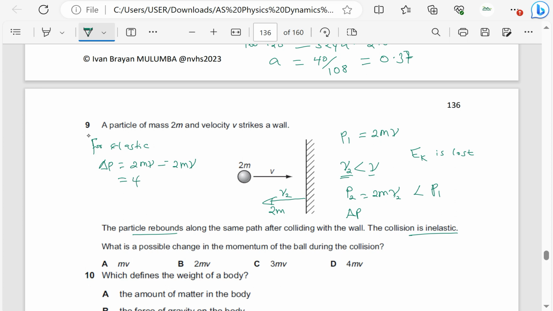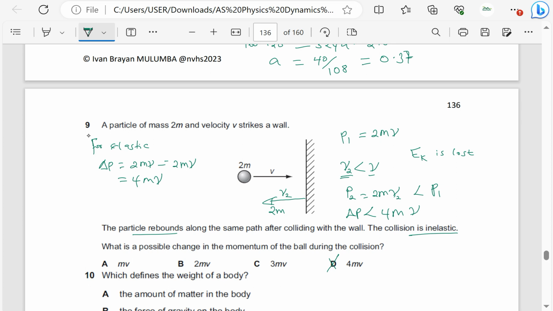So this would be 4mv. If the collision was elastic, it will bounce with the same speed. But now that the collision is not elastic, the change in momentum must be less than 4mv. So 4mv is wrong.